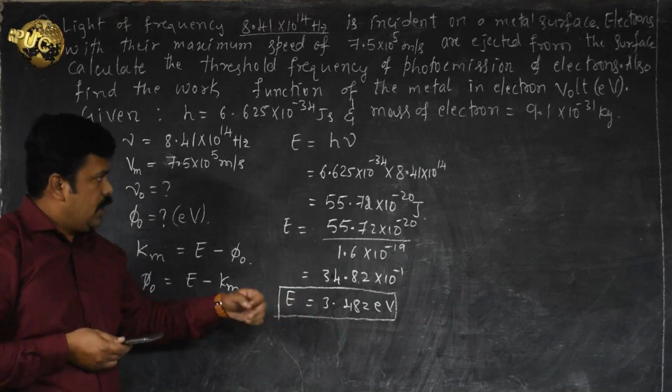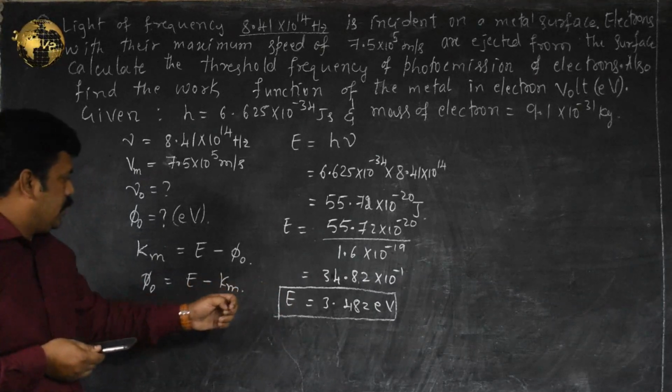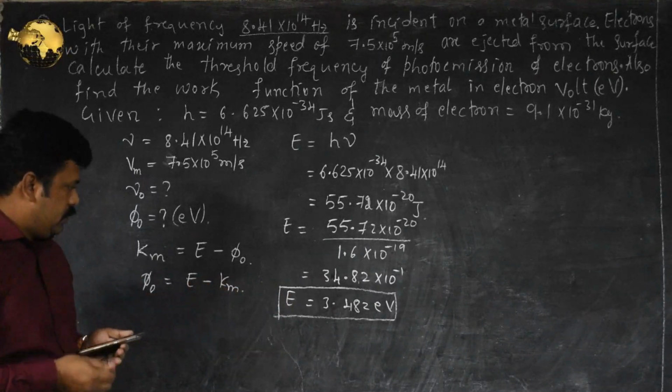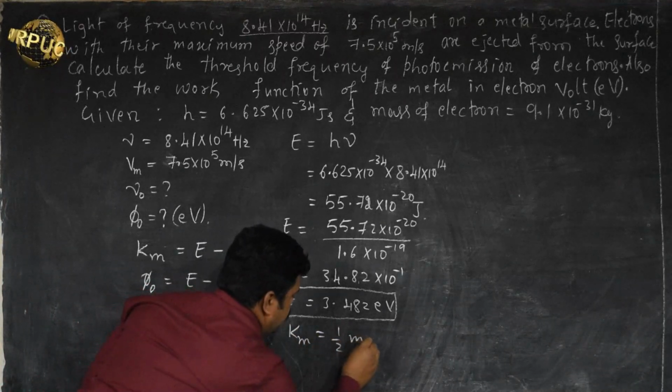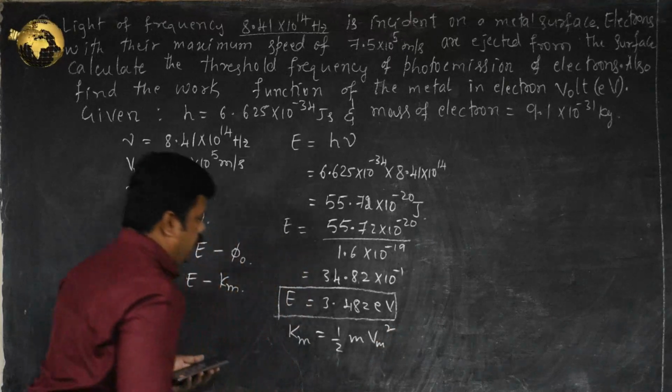Okay, let's move on to calculate the K max, that is half m V max square.